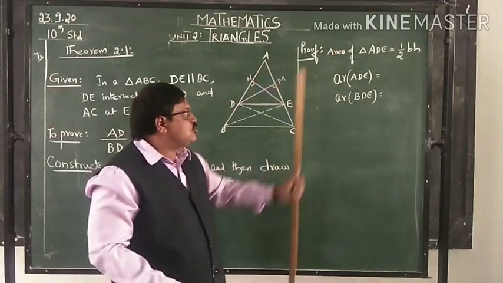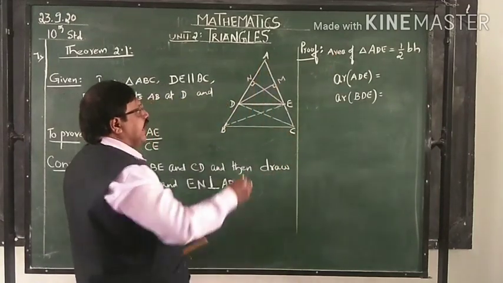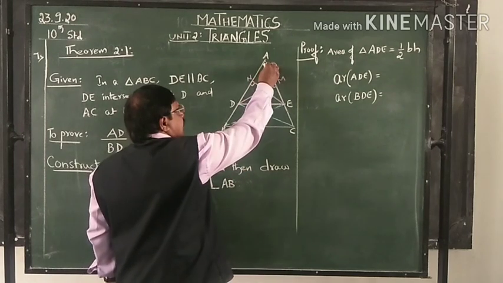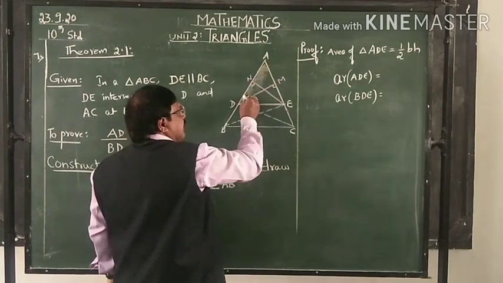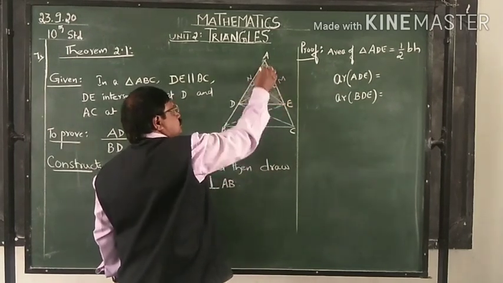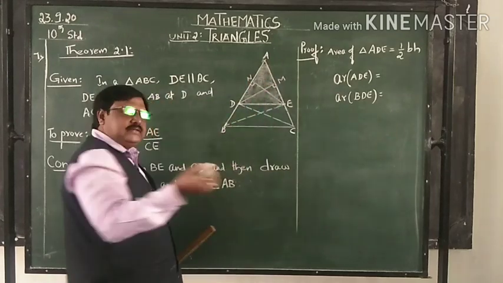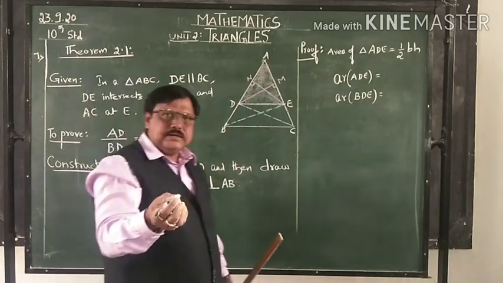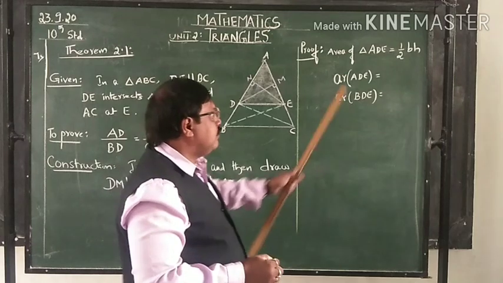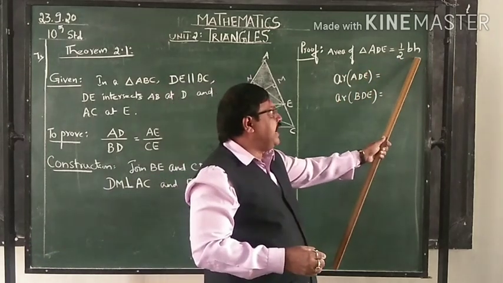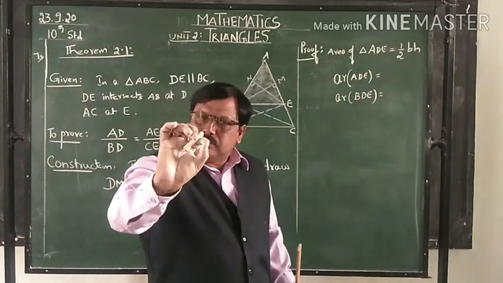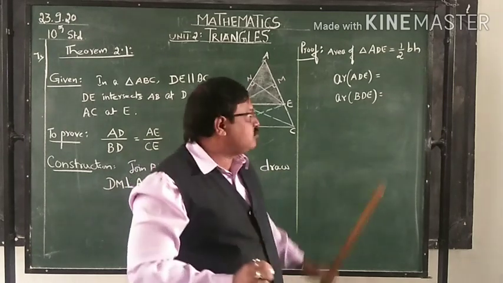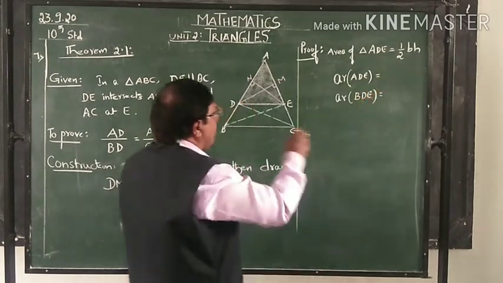You take first the area of triangle ADE. You know that in triangle ADE, half into base into height is the area of the triangle.